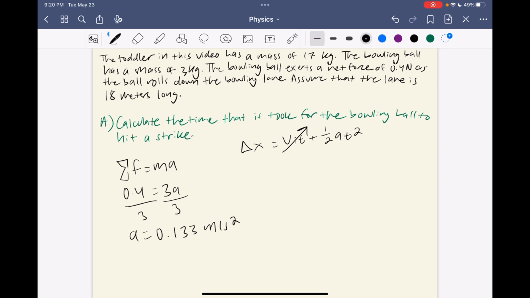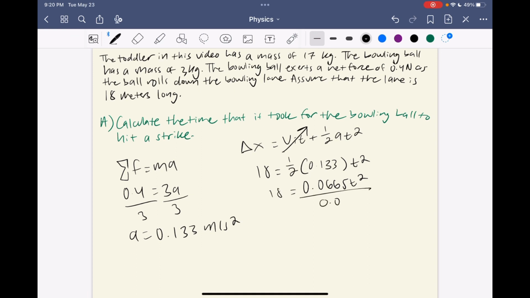The lane is 18 meters long, so that means that the ball will be traveling 18 meters, so we can plug that into delta x. And we know that the acceleration of the bowling ball is 0.133, and time is unknown. So 0.133 divided by 2 is 0.0665. And we do not know time, so we just leave it as is.